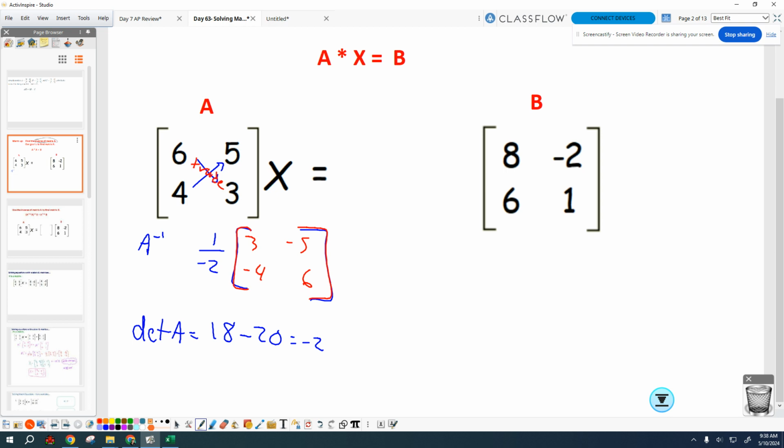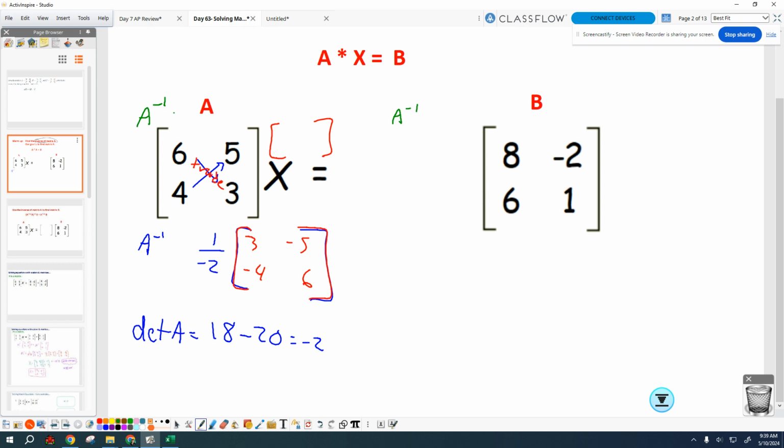All right. Now we can multiply that. So this X thing is a matrix itself. So I'm looking to find that matrix. To peel A off, I need to multiply by A inverse on this left-hand side. So I need to multiply this side by A inverse.